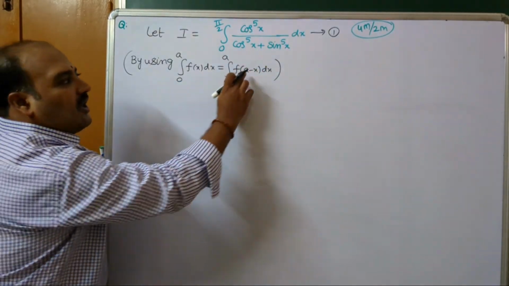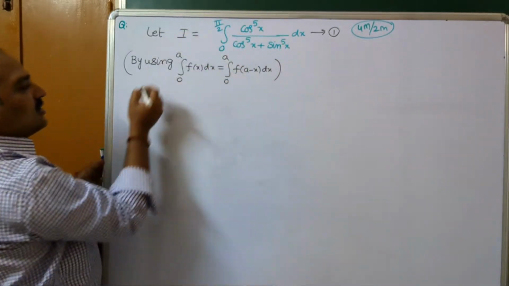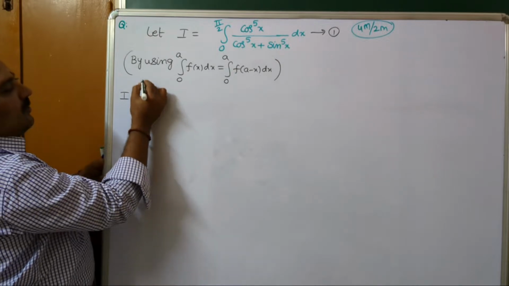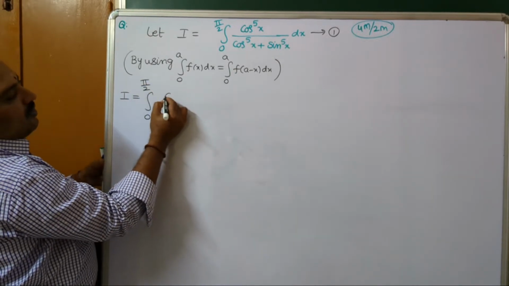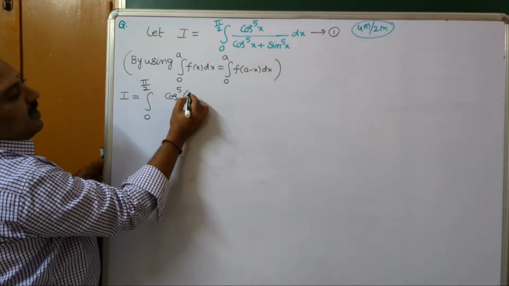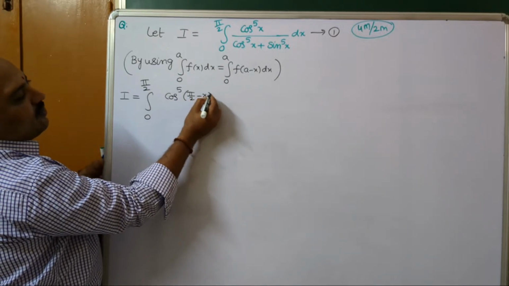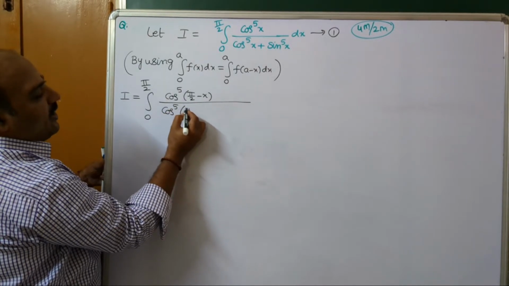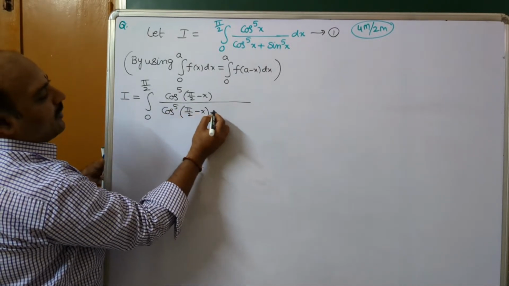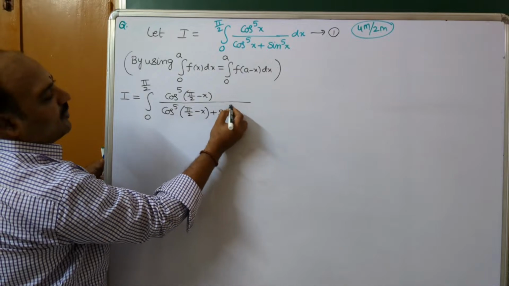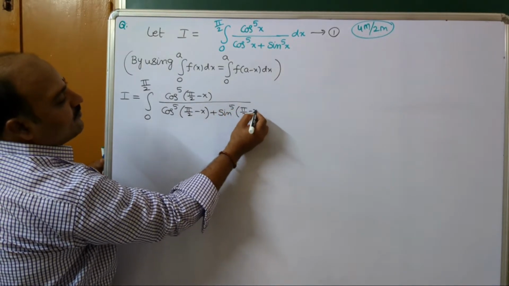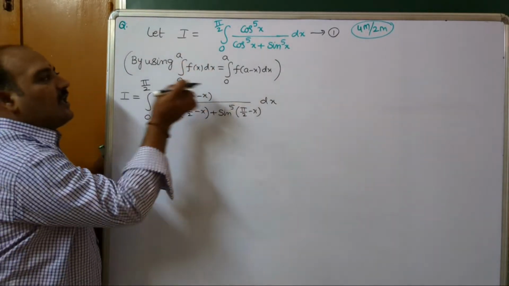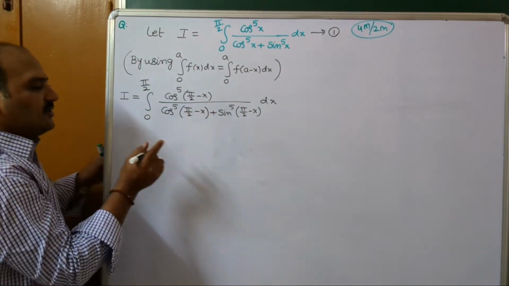By using this property, a minus x means pi by 2 minus x. So this I value becomes integral 0 to pi by 2 cos power 5 of pi by 2 minus x whole divided by cos power 5 of pi by 2 minus x plus sin power 5 of pi by 2 minus x into dx. Wherever x is there, you have to write pi by 2 minus x.